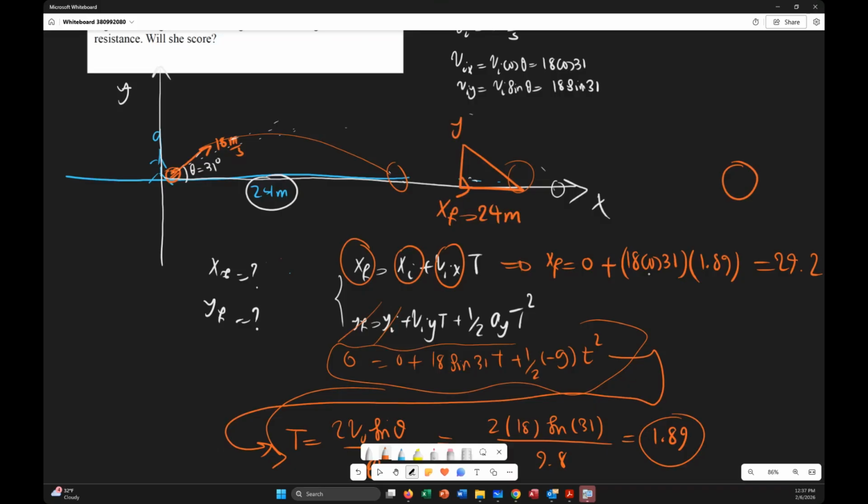We were not solving the problem. We were trying to test to see whether the ball will reach the goalie or pass the goalie. Now we tested that definitely it will pass the goalie. I can say what would be the Y position of the ball when the X position is 24. Make sense? Okay. So what I do, I just erase this.